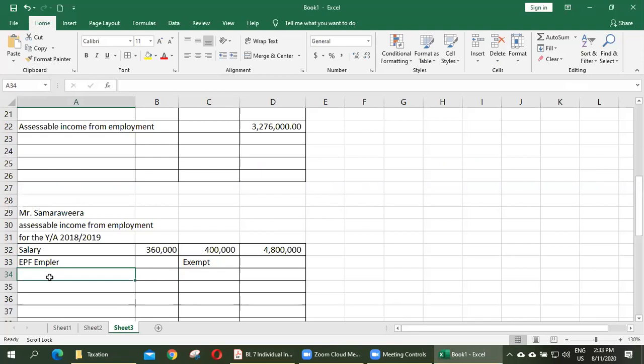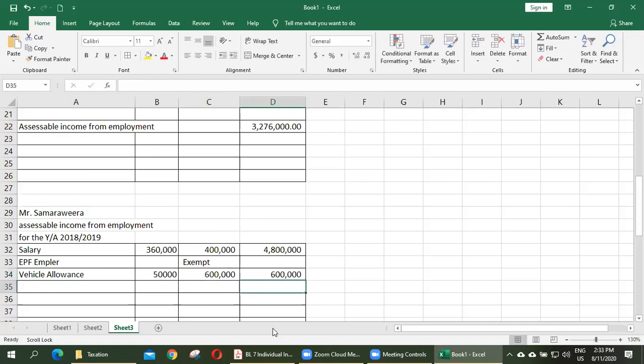So vehicle benefit, vehicle allowance, 50,000 per month for 12 months, 600,000.